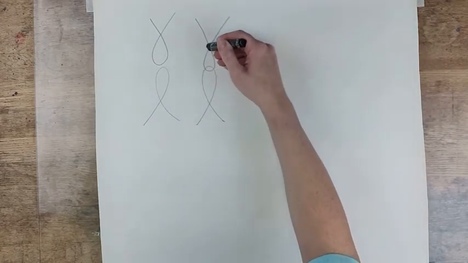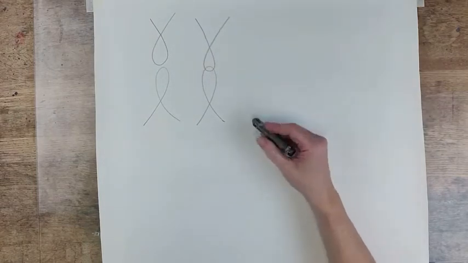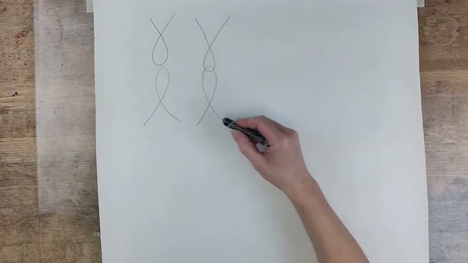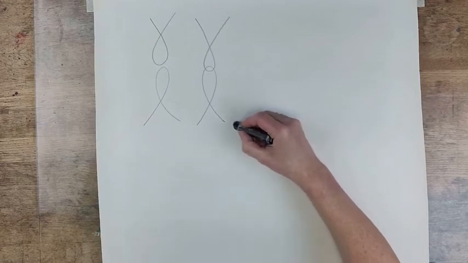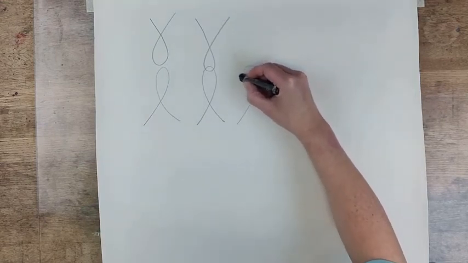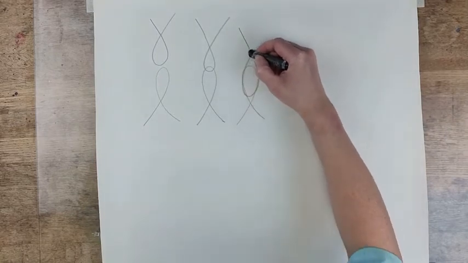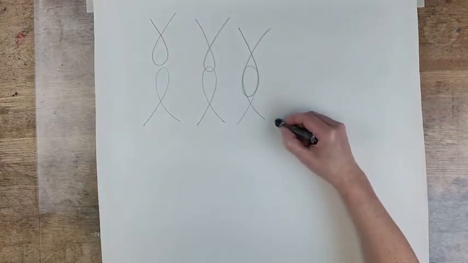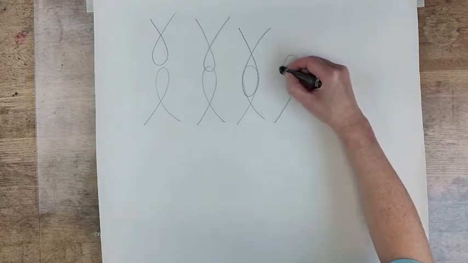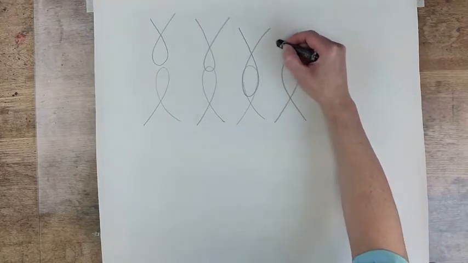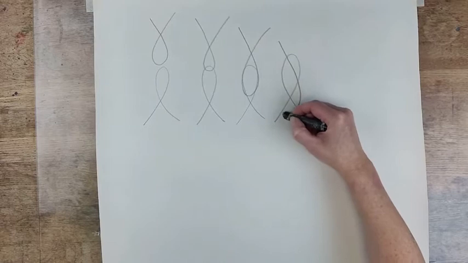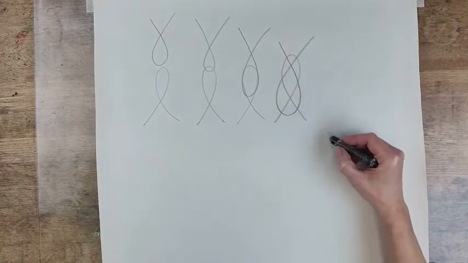Now you can see this one here for me has got a little bit small, but we're just going to leave that for now. Then the next step is to move the loops even closer. So the loop after that, we're moving the loops closer still.